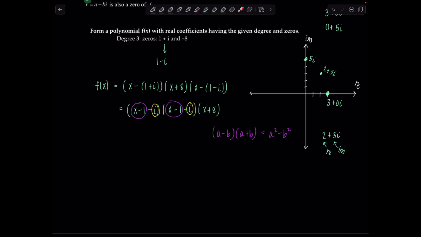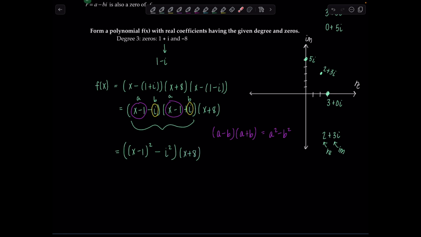That way you don't have to do a massive FOILing problem. So this just multiplies out to a squared minus b squared. So a squared would be the quantity x minus 1 squared, minus b squared, which is i squared. And then don't forget, we still have that x plus 8 over there.